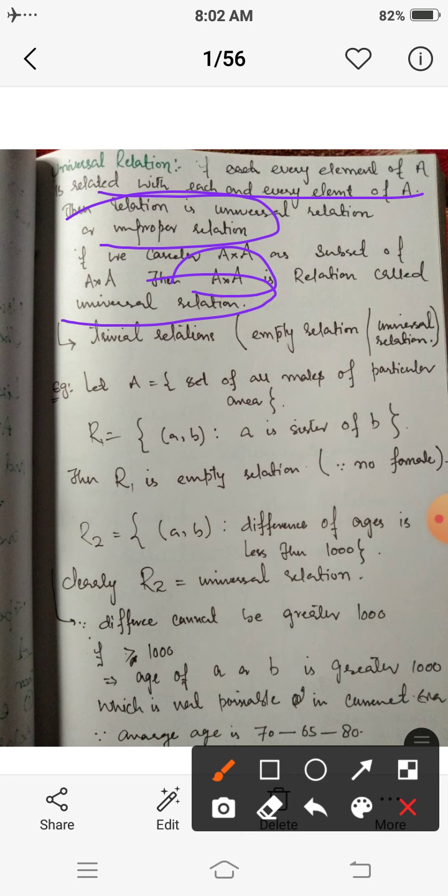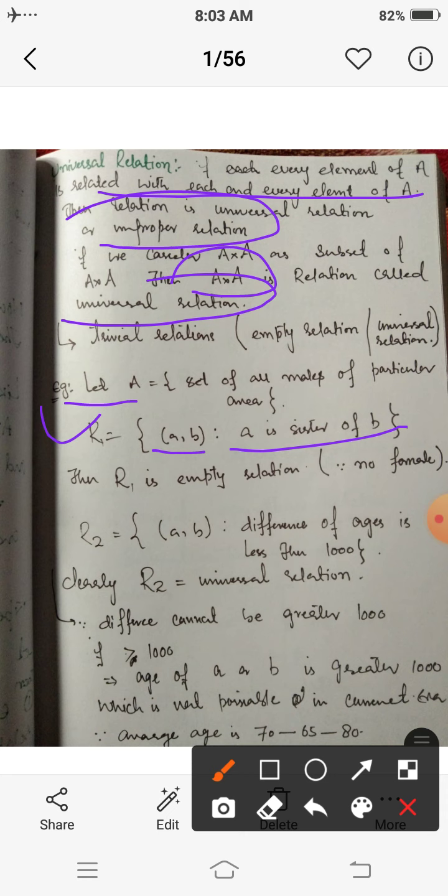Now let A equal the set of all males of a particular area, and consider R1 as a subset of A cross A, where (a, b) is in R1 if a is the sister of b.